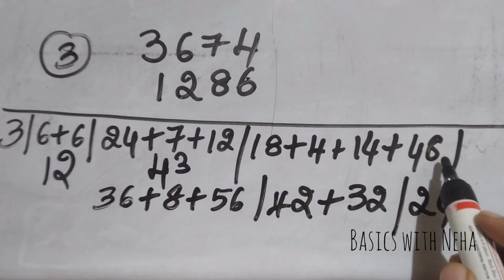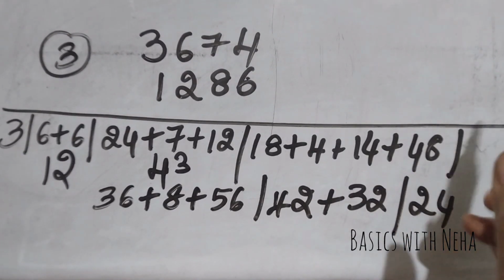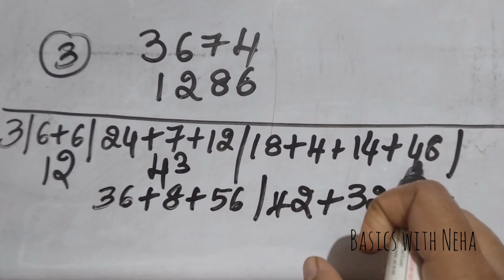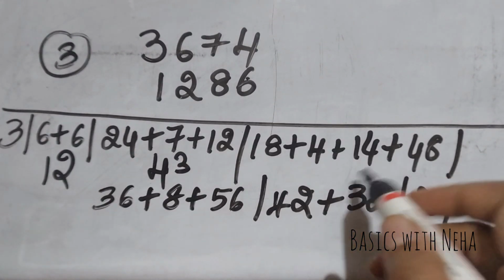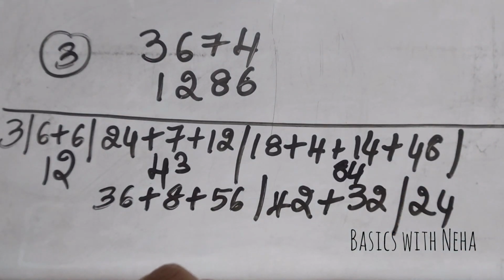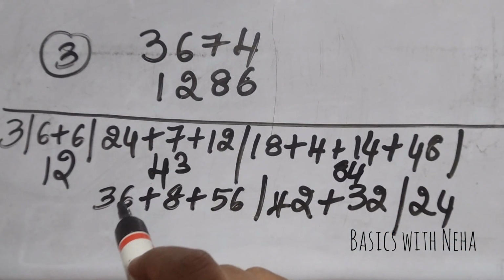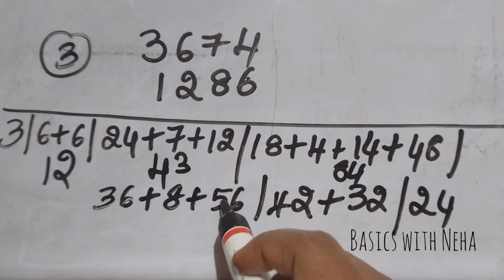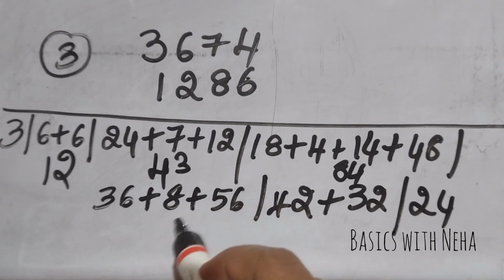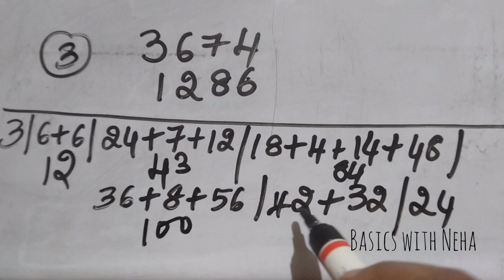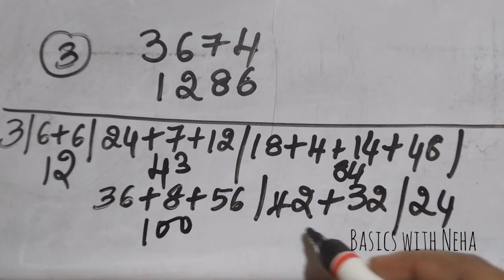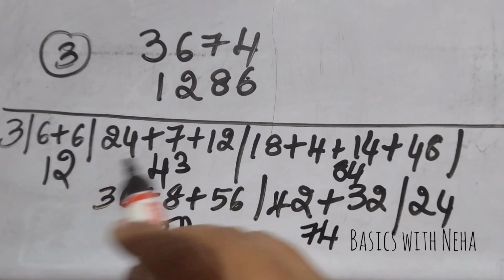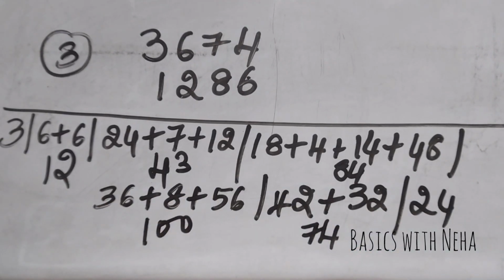So 48 plus 36. 48 plus 30 is 78. 78 plus 6 would be 84. 36, 44. 44 plus 50 is 94 plus 6 is 100. 42 plus 32 will give me 74 and then 24 as it is. So I'm going to write these numbers in one line.